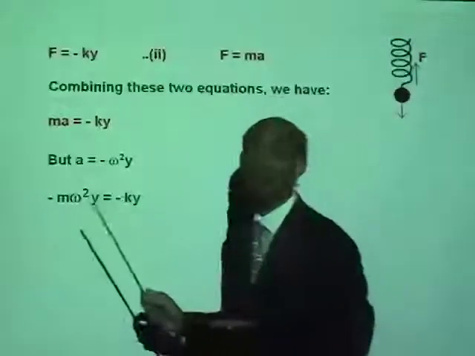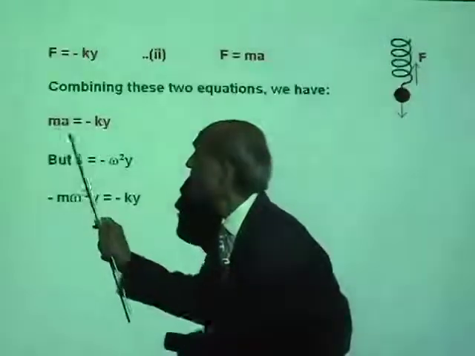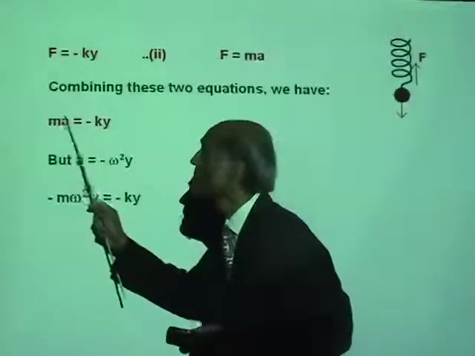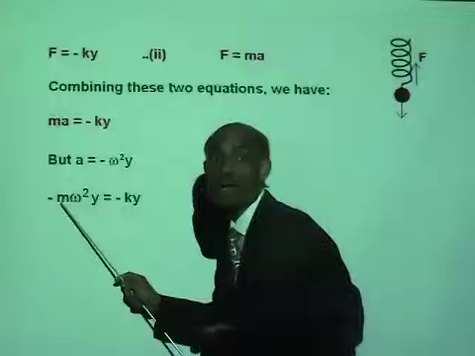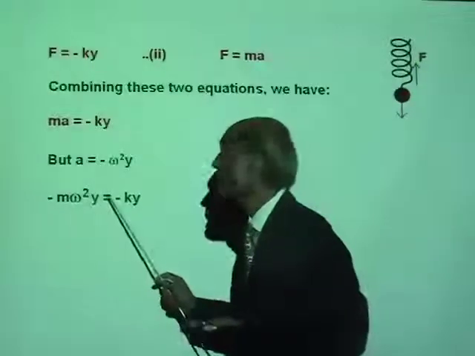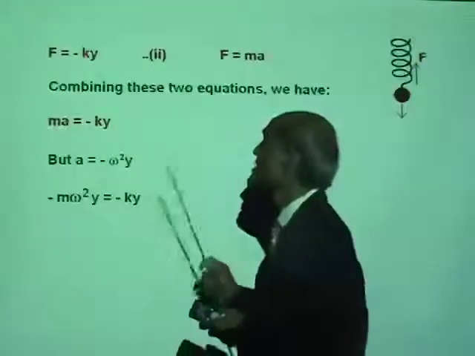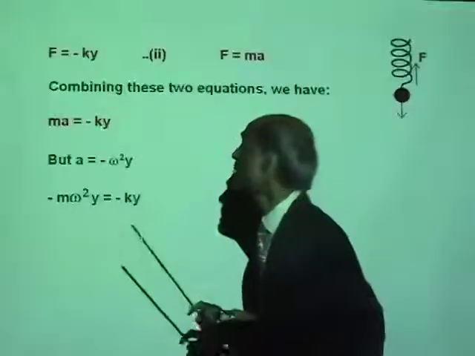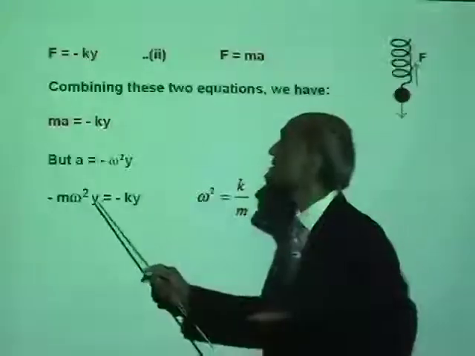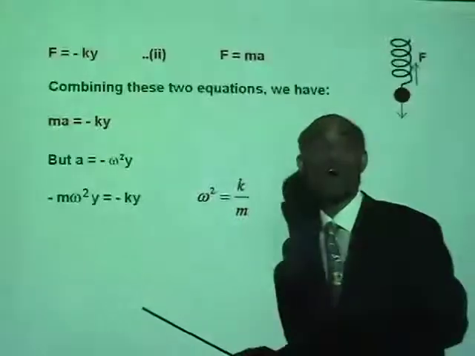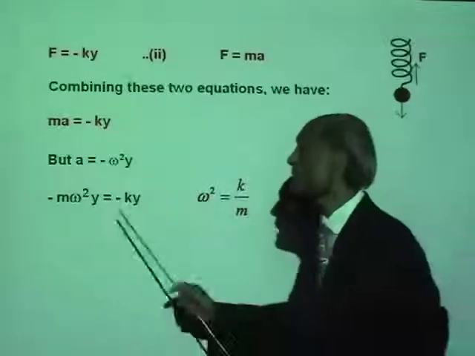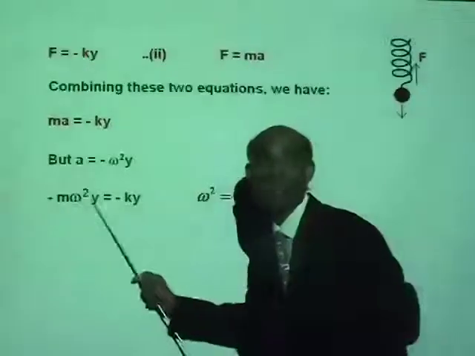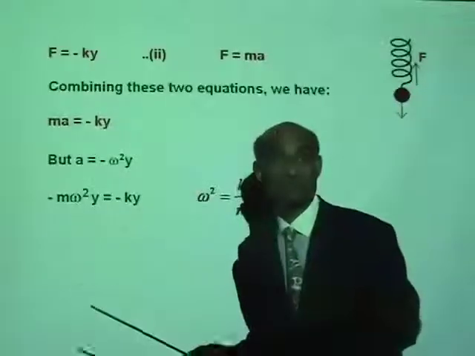What does the equation now become? m times negative omega squared y. ma now becomes negative m omega squared y equal to negative ky. You can see y will cancel from both sides, and you can solve for omega squared. Negative on the left and negative on the right will make it positive.